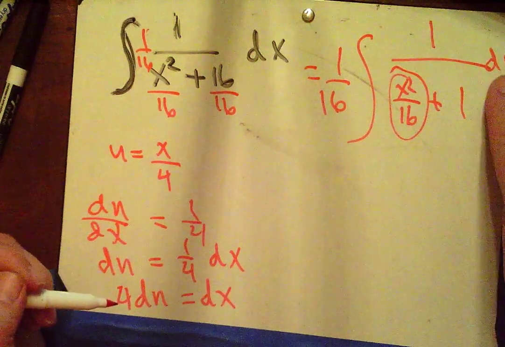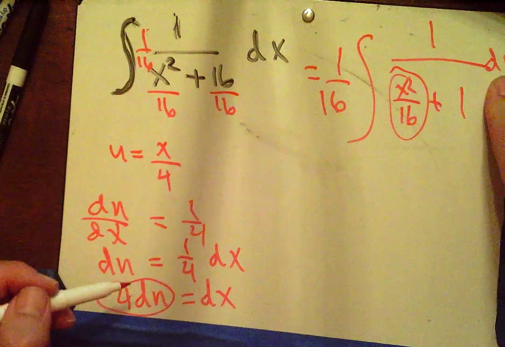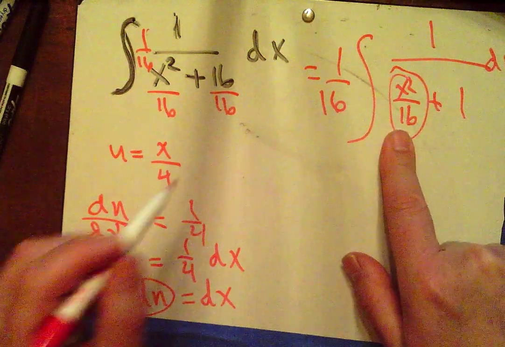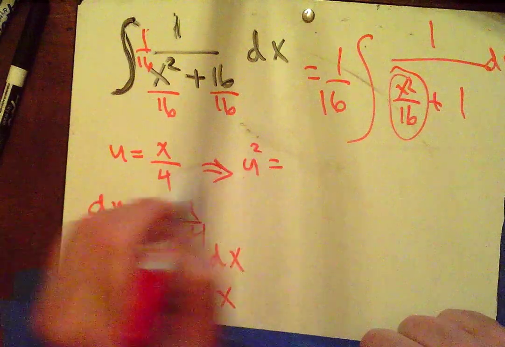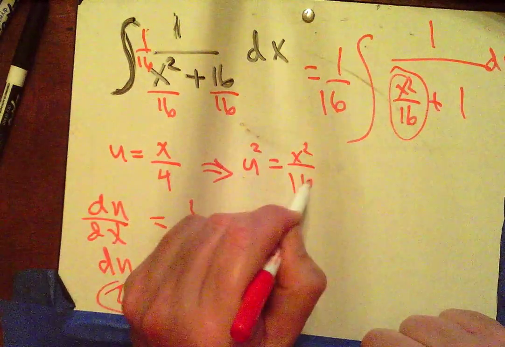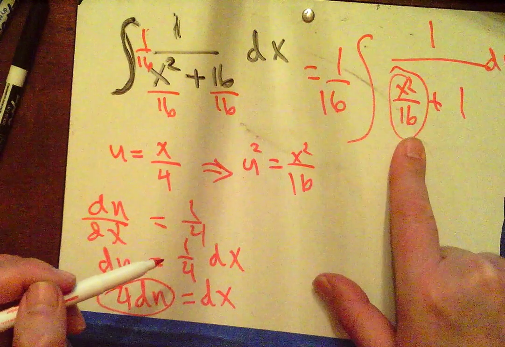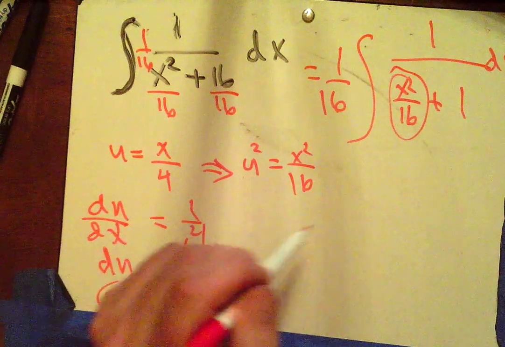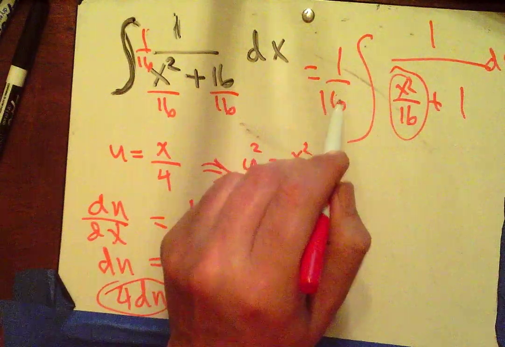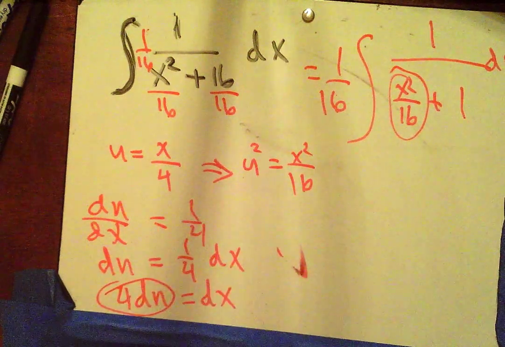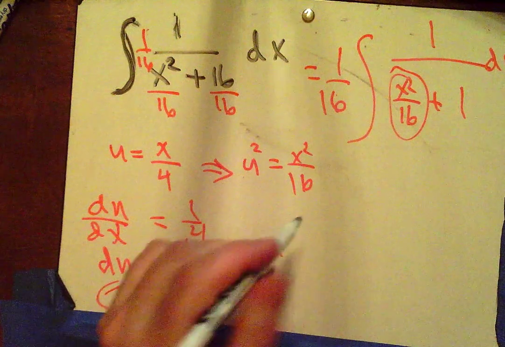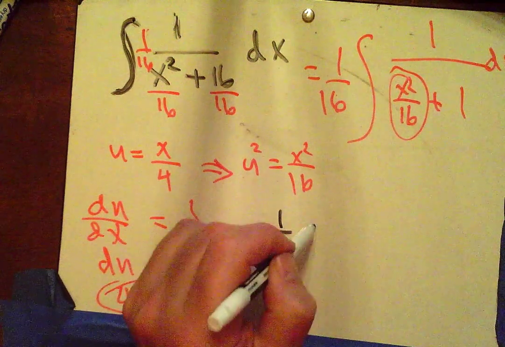So I can get rid of that with 4 du. And I can get rid of that by squaring both sides. u squared is going to be x squared over 16. There's x squared over 16, so that's equal to u squared. Don't lose that 1/16 up in front. Got that 1/16 out in front.